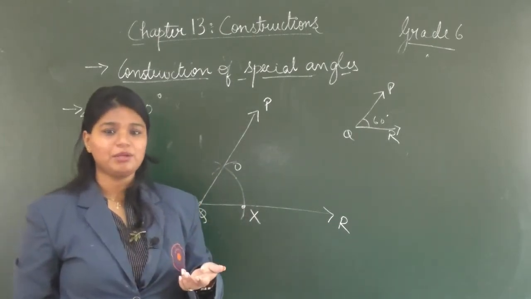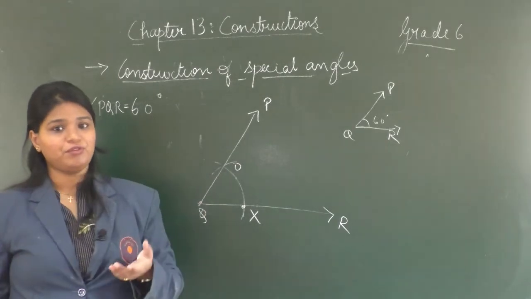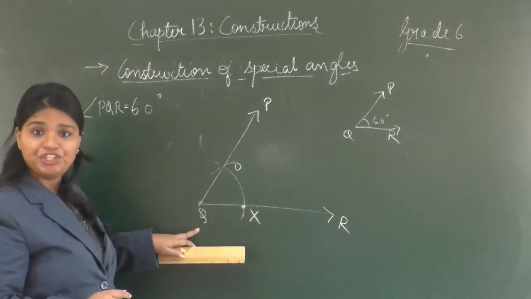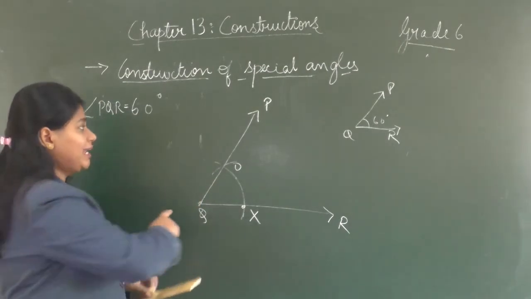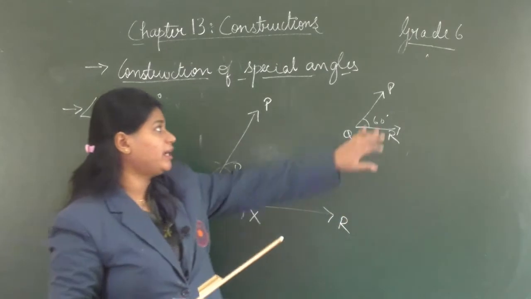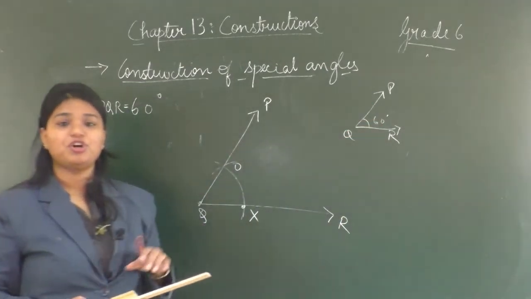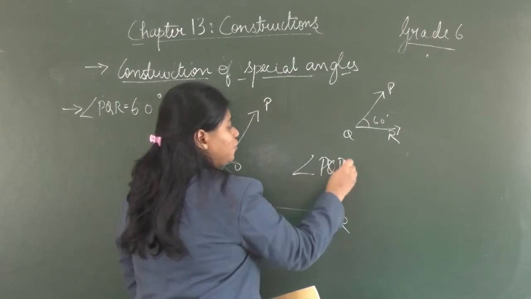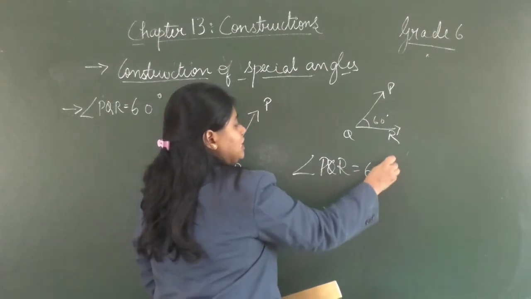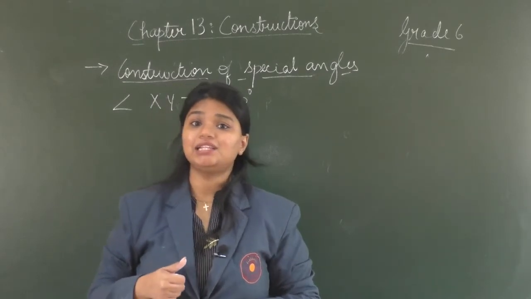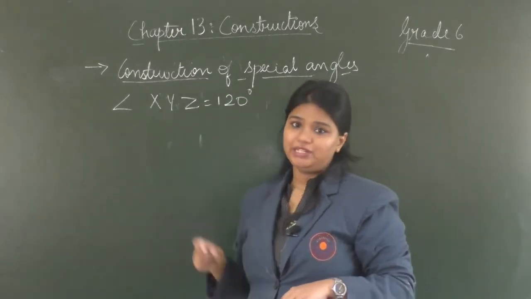You can name that point with any alphabet of your wish. Now, join that point and Q using a ruler and extend it up and name it as P because it's the required name, PQR. So, here we have got angle PQR equals 60 degrees. Now let's learn how to construct an angle equal to 120 degrees.